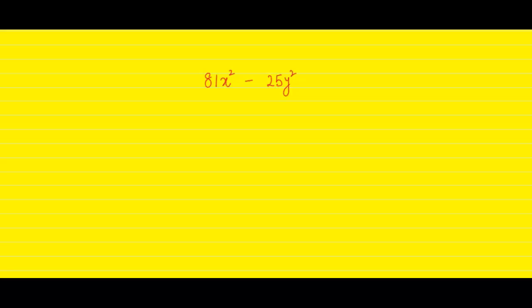81 is a square number. 81 can be written as 9 square, and 25 is equal to 5 square. So 81x square can be written as (9x) whole square and 25y square can be written as (5y) whole square. Now we can see the difference of squares clearly. So we split it into two factors, that is 9x minus 5y into 9x plus 5y.